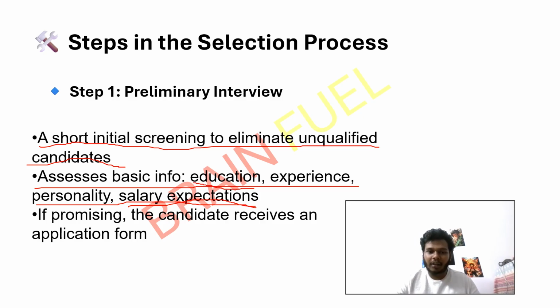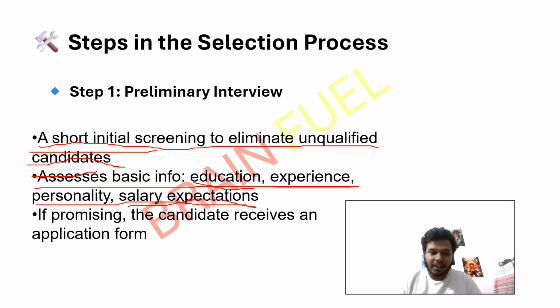Here, education, as we discussed, is the first point, the qualification, and then the experience. If the organization requires experience of 1 year or 2 years and a fresher candidate approaches the organization for the interview, he will be unqualified.